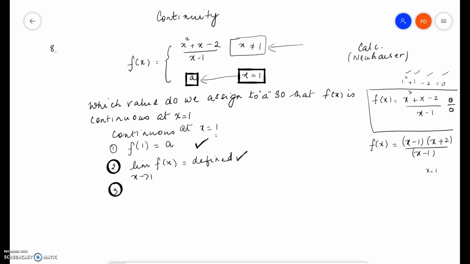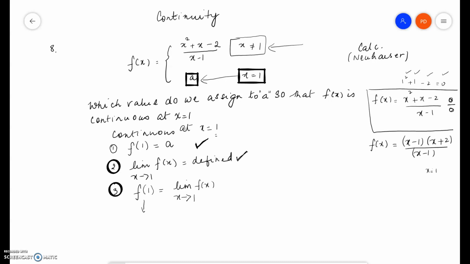And finally, the value of the function at 1, which means f(1), must equal the limit of the function as x approaches 1. So if these two are equal, then the function is continuous at x equals 1.